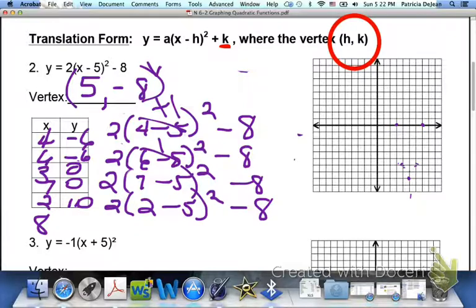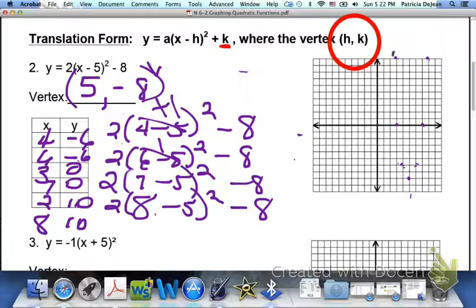And if that was an 8 instead of a 2, that's 3 squared. That's 9 times 2 is 18. 18 minus 8 is also 10. So we're seeing this symmetry about that axis of symmetry. So let's put in, we're going to go over here to 2 and up to 10, and we're going to go over here to 8 and up to 10.